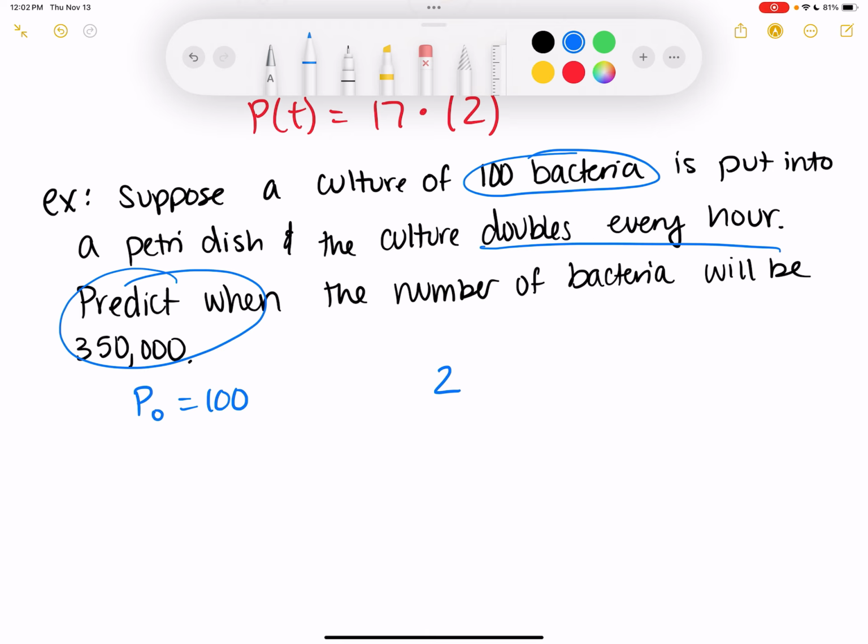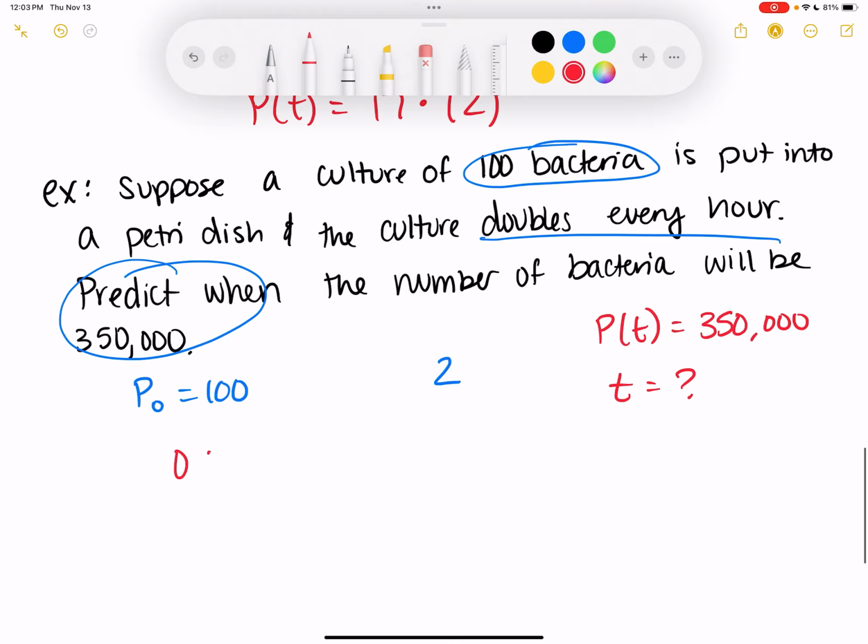That value is P of t. So I'm predicting when, that means I'm solving for t. To start thinking about this, I'm just going to go through and do this manually, and then figure out how to write an equation that will set this up for me with the given information, because I think it's easier to see it that way.